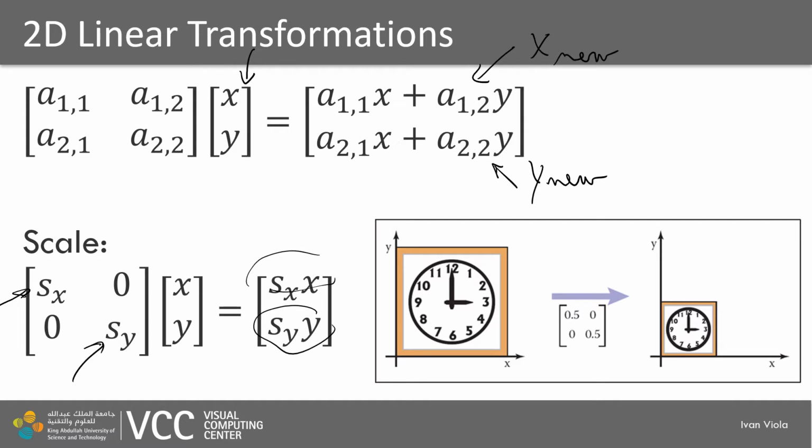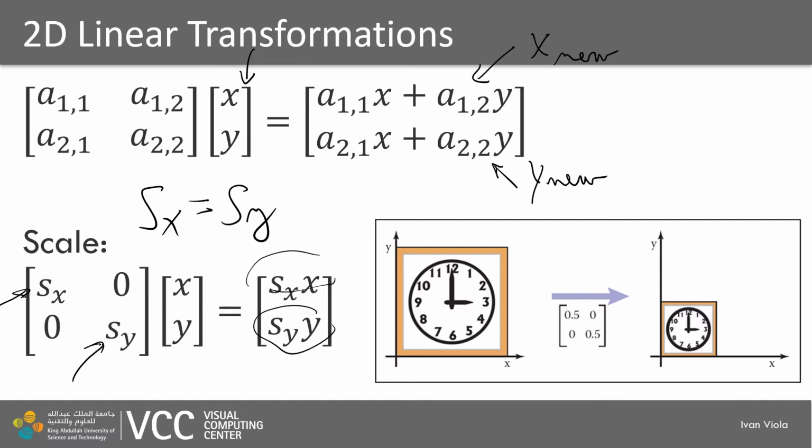Then we will be talking about non-uniform scaling, and in the case when Sx equals Sy, we will be talking about uniform scaling. Such is the case in the image here on the right side of the slide, where Sx and Sy have the value 0.5, and both of these will scale our coordinates by half the distance from the origin.